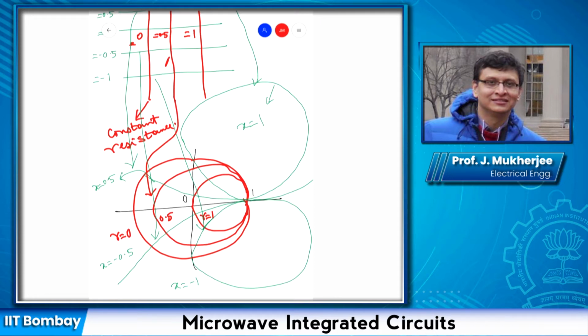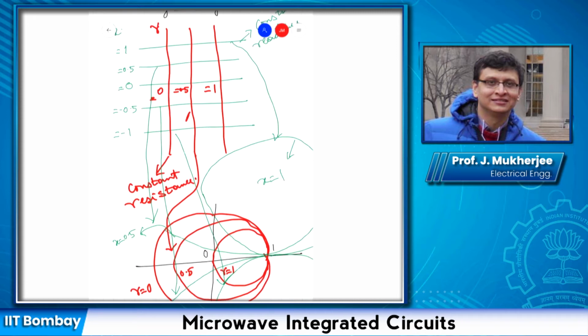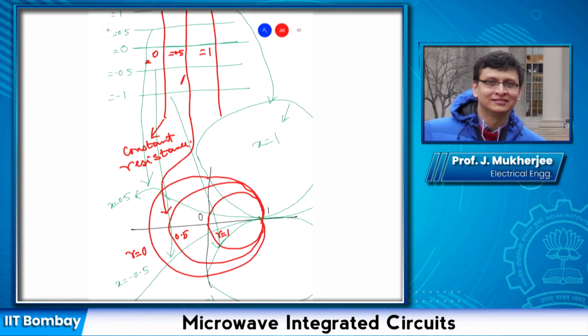Okay, so we can have various interesting cases, like what happens to the x-axis. The x-axis, which is basically a constant reactance line, how does this get transformed?